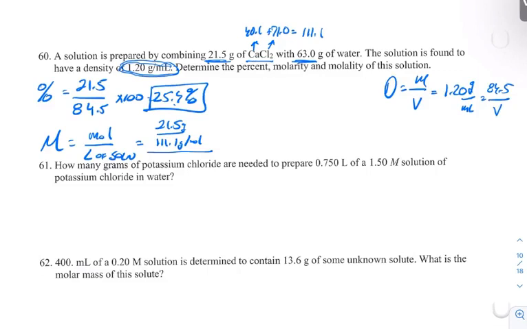So I rearrange this, and the volume will go up, and the 1.20 will be below the 84.5. It turns out that my volume would be 70.4 milliliters, or I could express that as 0.0704 liters. So there is my volume in liters.